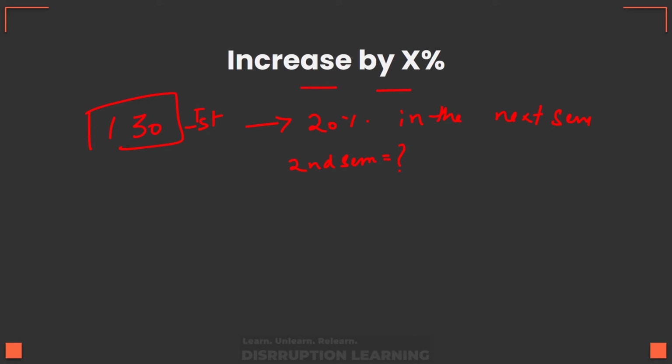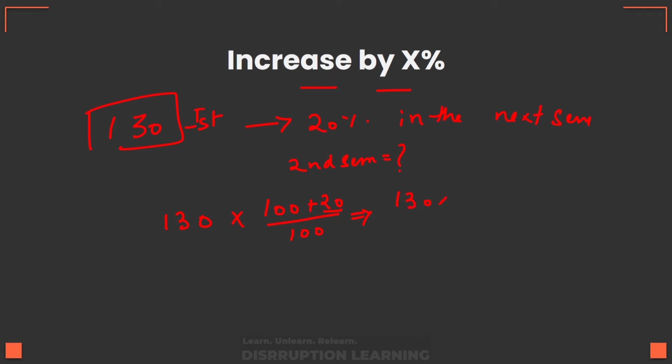His current marks are 130. Now to apply the increase of 20%, we will take 100 plus 20 as the numerator, because there is an increase of 20, and we'll keep 100 as the denominator. So we know how to work this out.